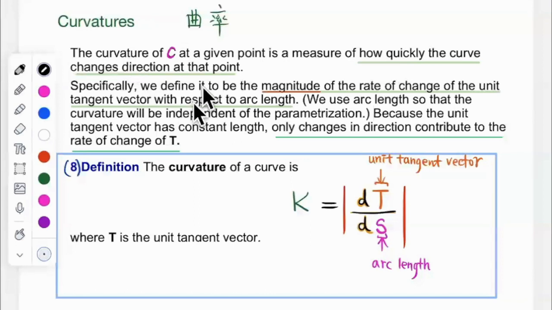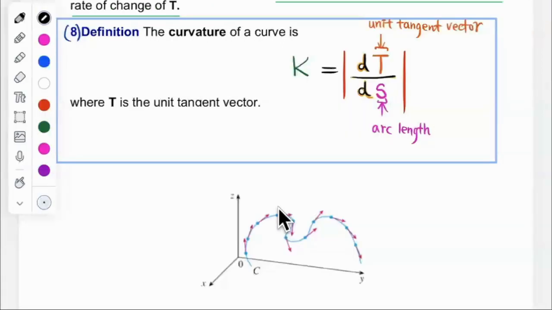The curvature of that curve at a given point is a measure of how quickly the curve changes direction at that point. So if you want to measure how quickly the curve changes direction, we will use something called curvature.